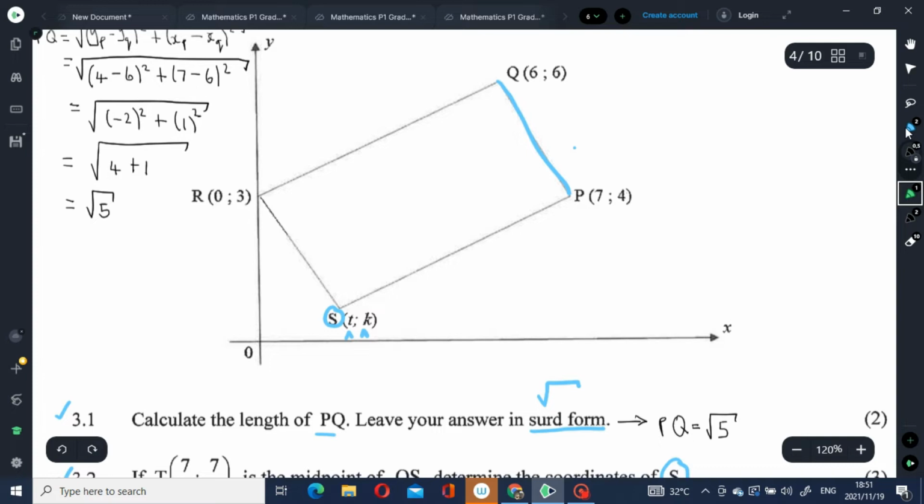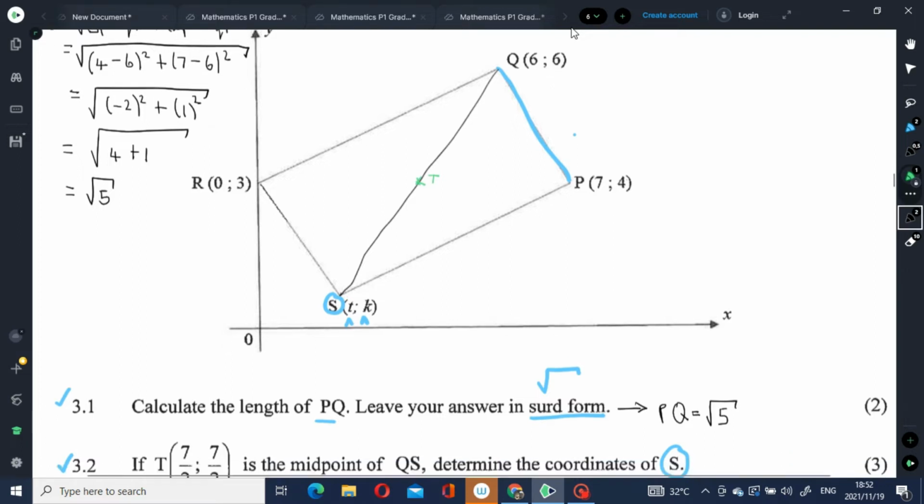So there we have our diagonal, and I'm just going to roughly show you where T is. T is the midpoint with the following coordinates. X coordinate is 7 over 2 and Y coordinate is 7 over 2.